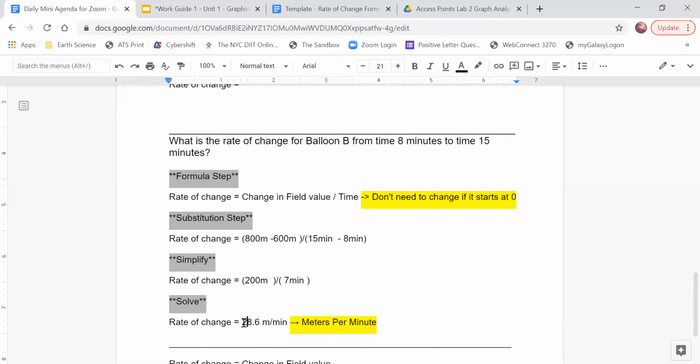Okay. Part of what you're going to do for balloon A and balloon B is figure out how fast they're moving in each of the time ranges they give you in the questions in the lab.